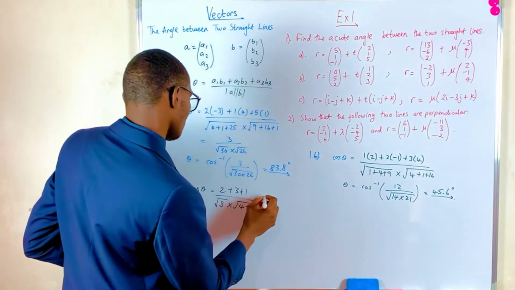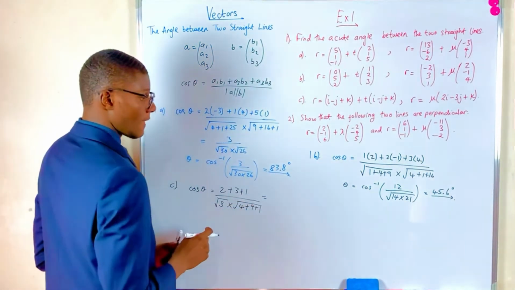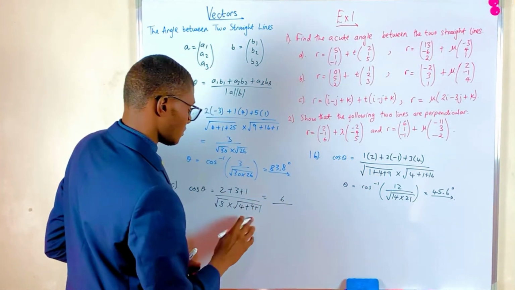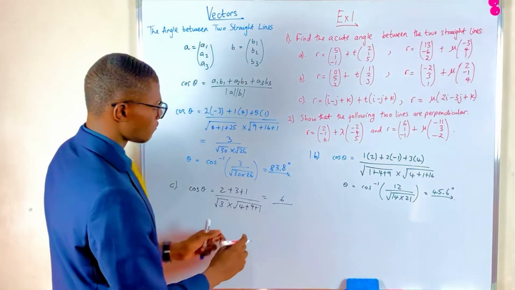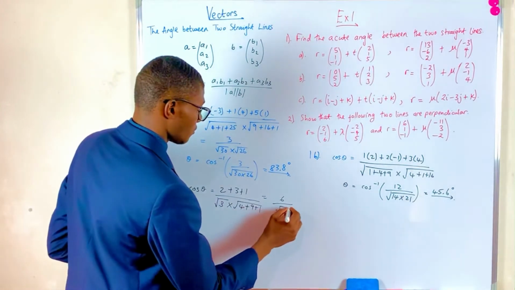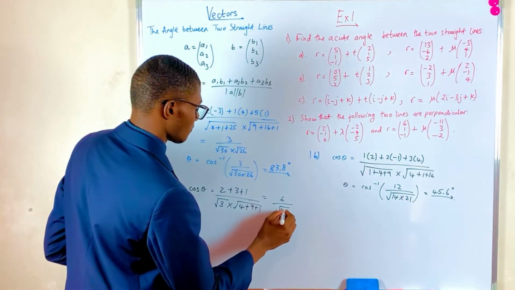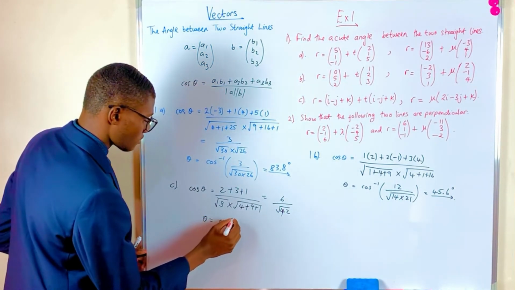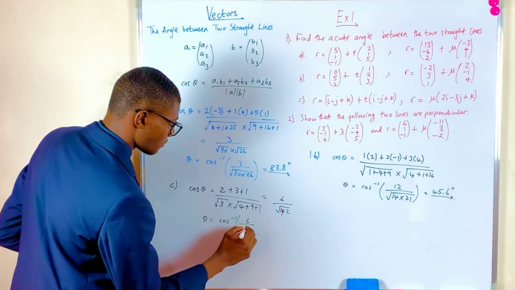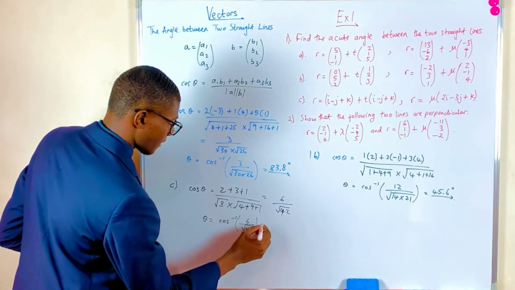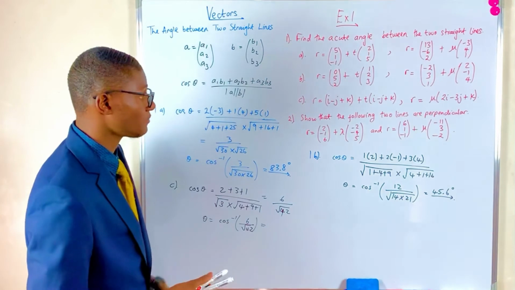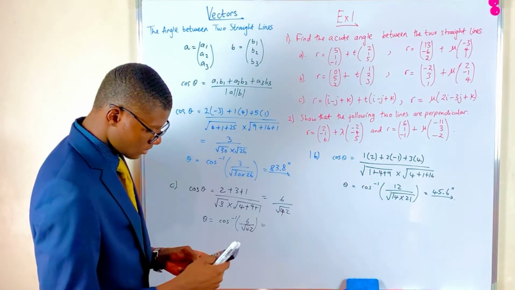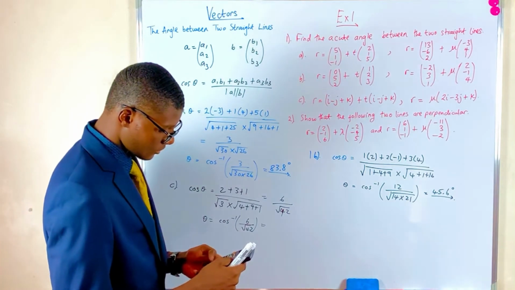And this will be equal to 6 over, this is 14, 14 times 3 is 42, so root of 42. Such that theta is equal to arc cos of 6 over root 42.